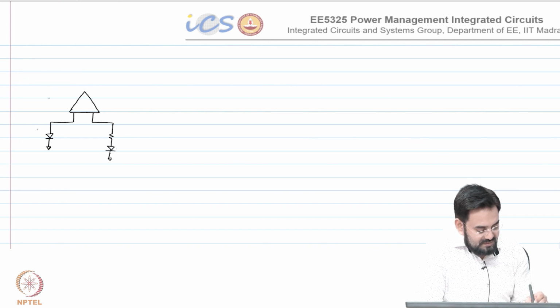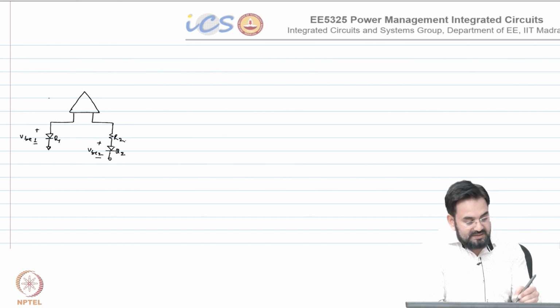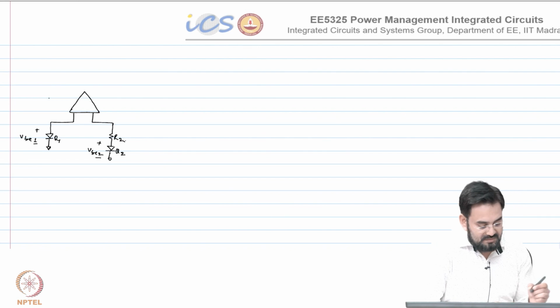If this is VB1, I will call it Q1, Q2. I want to make these two currents same.